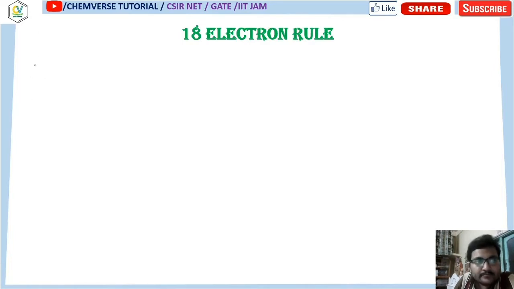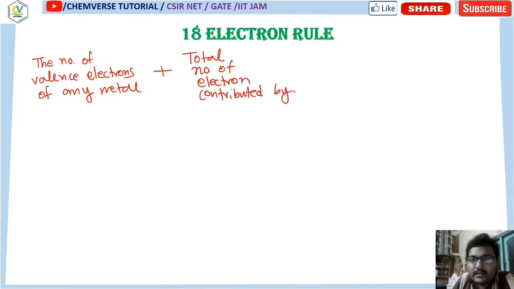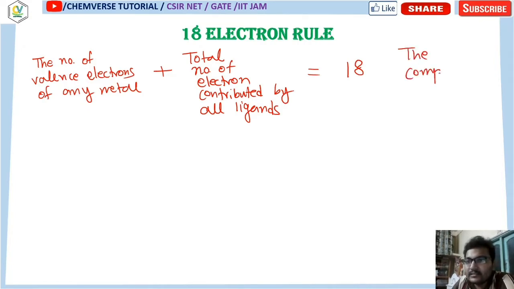It says that the number of valence electrons of any metal, plus the total number of electrons contributed by all ligands, if this number is equal to 18, then the organometallic compound or the complex is highly stable.